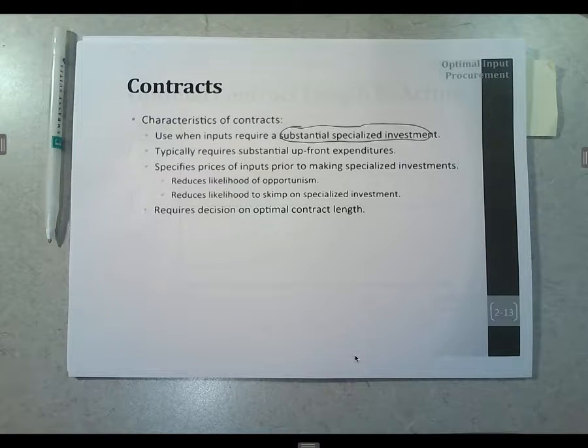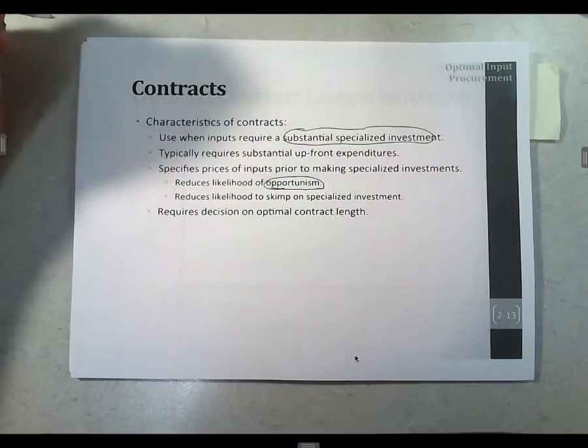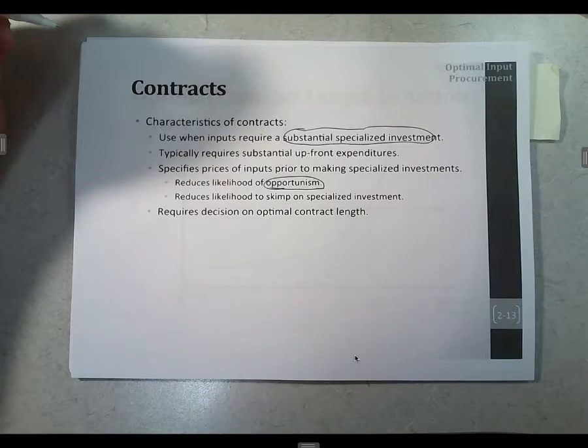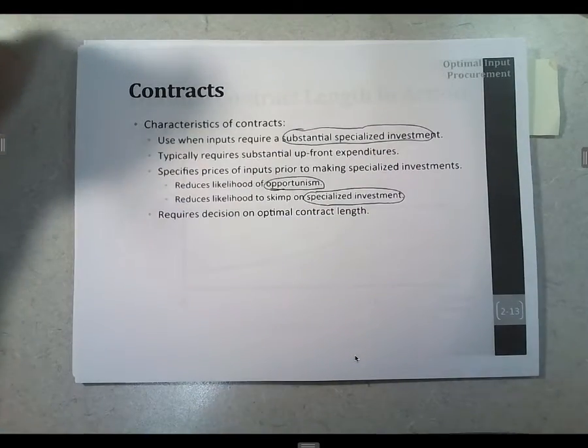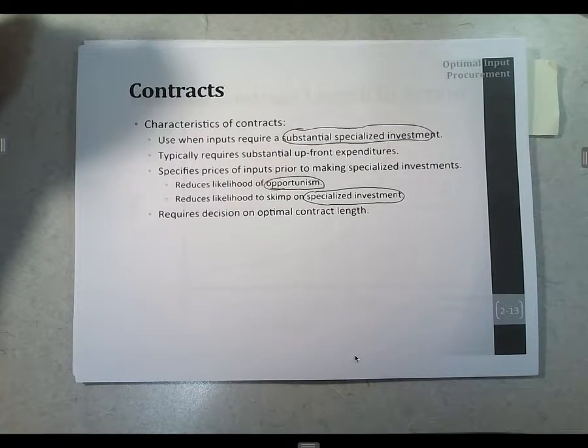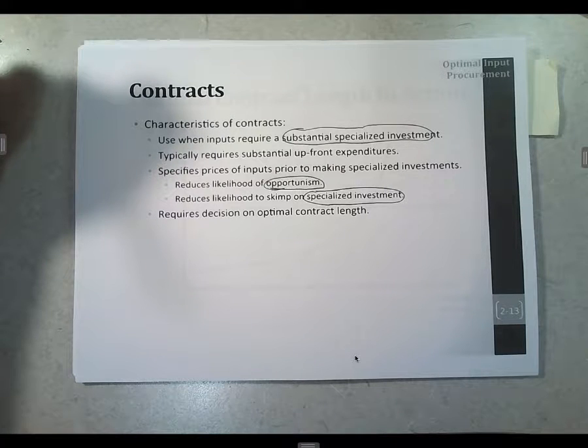Now, the reason why you spend all this money is because you're getting rid of the opportunism. You're going to be properly investing in the number of inputs that you need, because you have a guarantee to have access to those inputs. So you're going to use the right amount of inputs to make things.